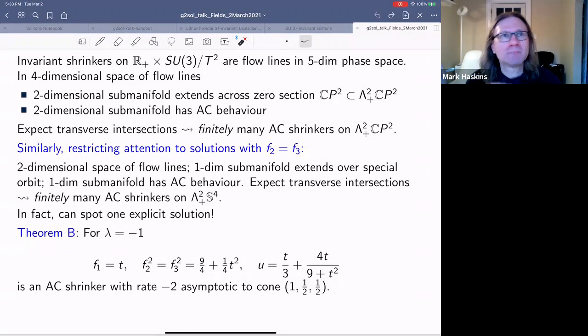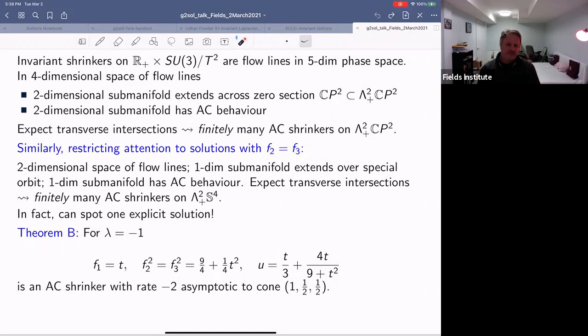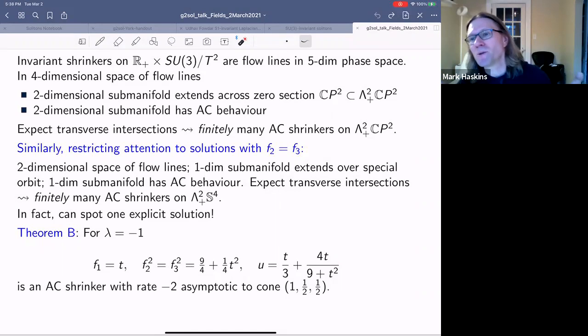You can regard this shrinker either as a shrinker on Λ²₊ of F4 or on the flag. It's easier to think about the F4 case, because then it's literally telling you something about the F4 base to the S2 fiber size, relative to what would have happened in the Bryant-Salamon case.